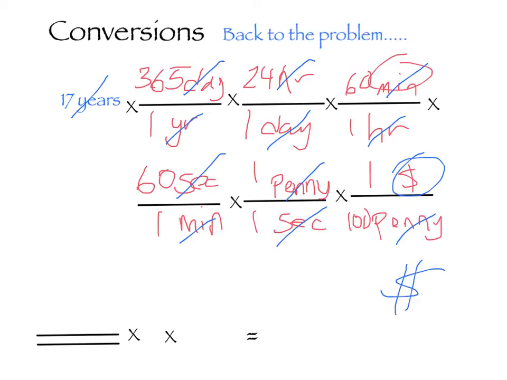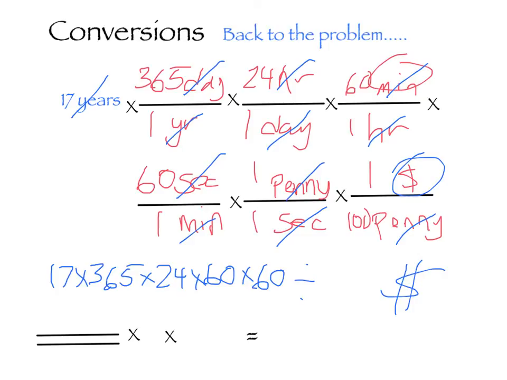So if we were going to do this problem, we would take the 17 times 365 times 24 times 60 times 60, and then I just have ones, and then on the bottom I have a whole bunch of ones and 100.